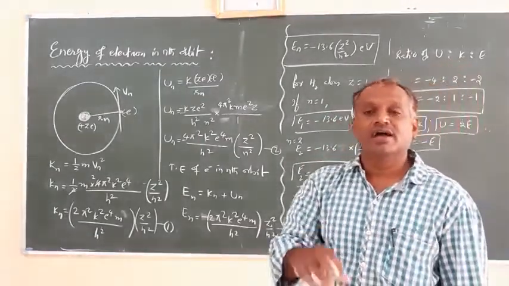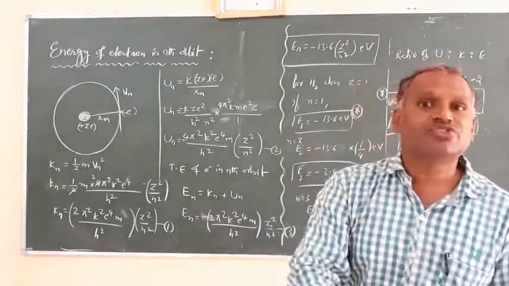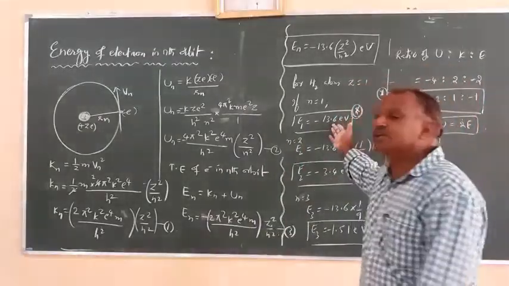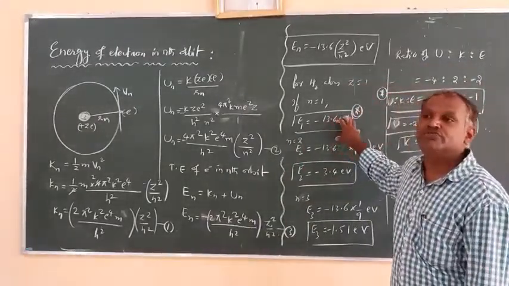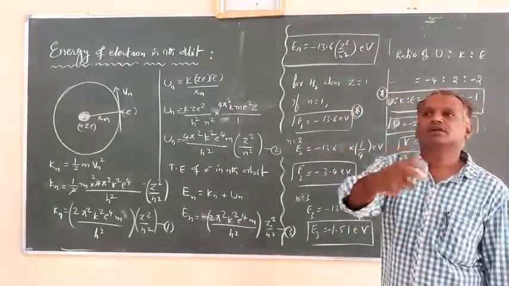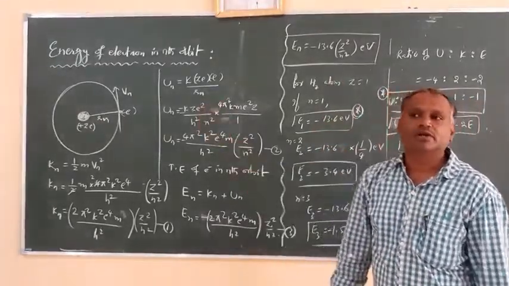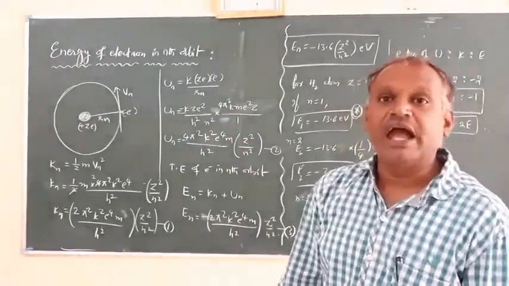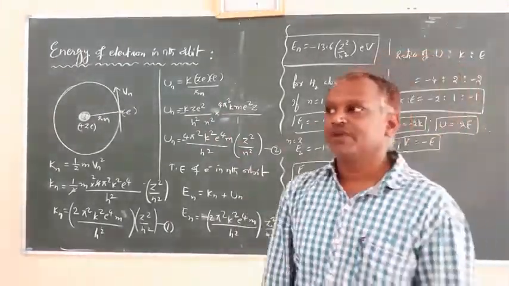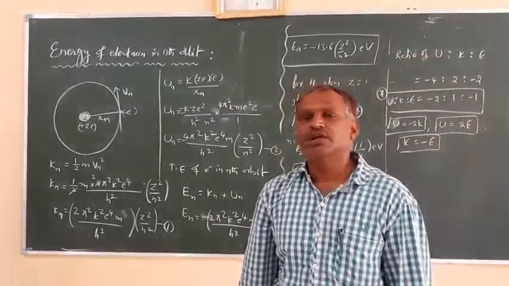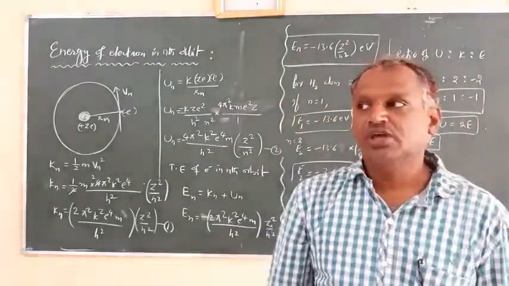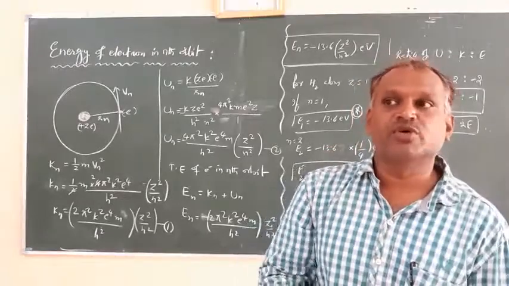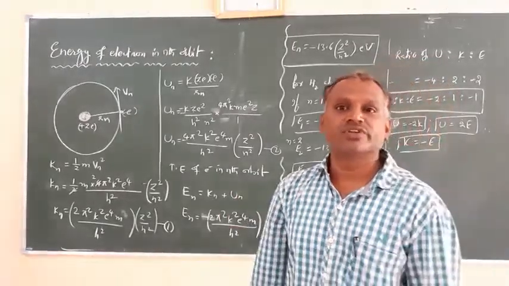The energy possessed by the electron in the ground state of the hydrogen atom is 13.6 electron volts; if you give that energy, then the electron is ready to be removed from the ground state. That energy is called what? Ionization potential energy. So the ionization potential energy for hydrogen atom is how much? 13.6 electron volts.